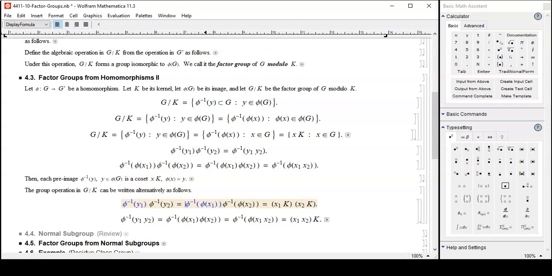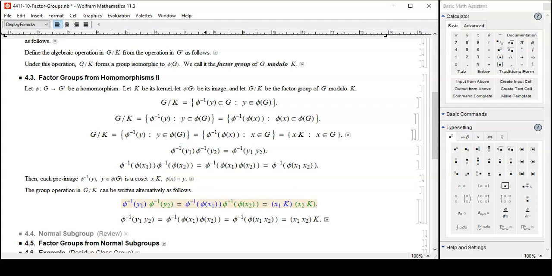Yes, y1 is phi of x1, and this green here is the same as this green. y2 is phi of x2, and the preimage of the function value, that's a coset, the blue coset x1K and the green coset x2K. Yes, I can do that with right coset too, because left coset and right coset are the same.